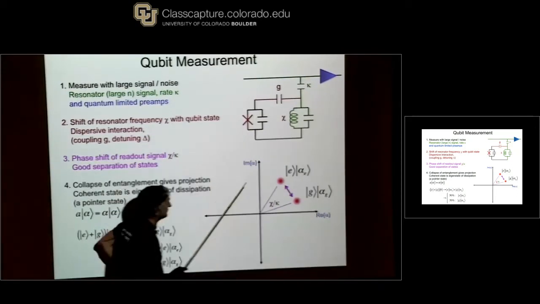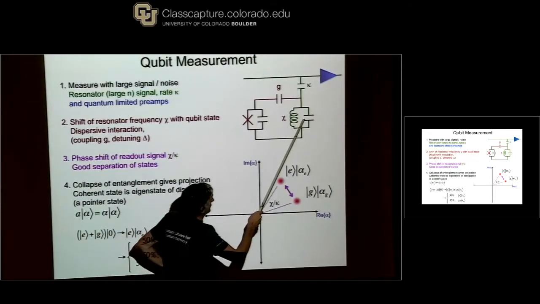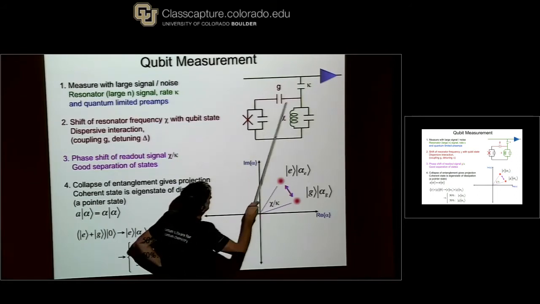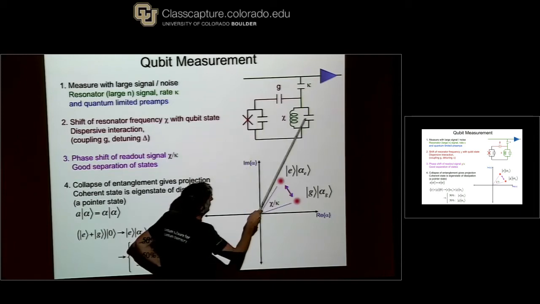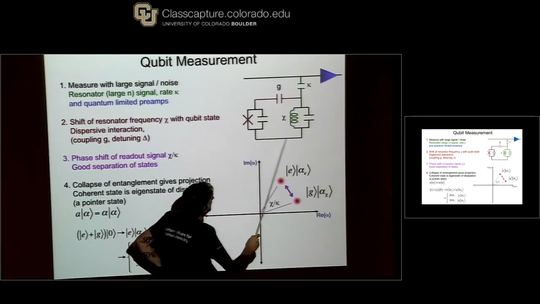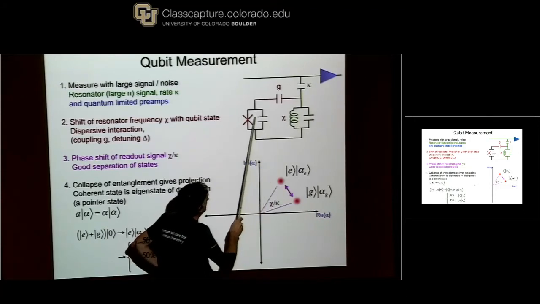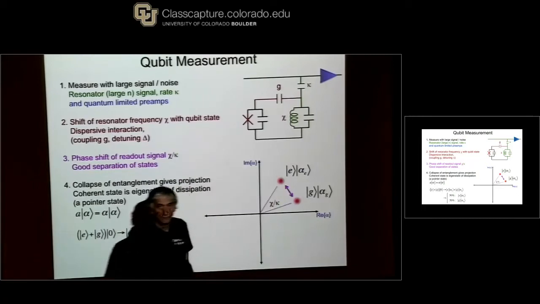You detune this by about 1 gigahertz from this. This detuning means that through this coupling, the qubit's resonance frequency will pull this resonator's frequency, so that this frequency will change depending on what the qubit frequency is. And then you're just going to directly pull the change in frequency through that circuit.